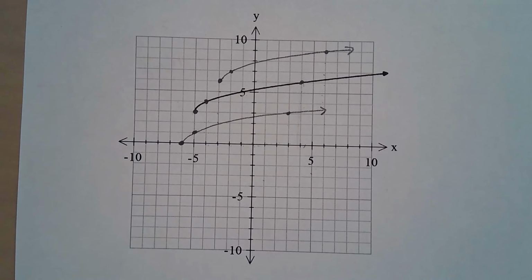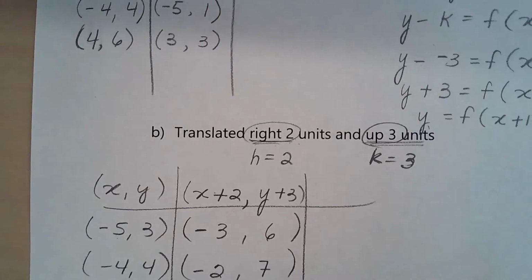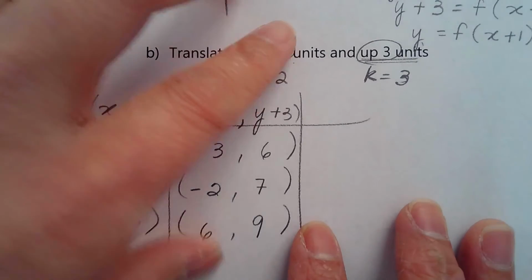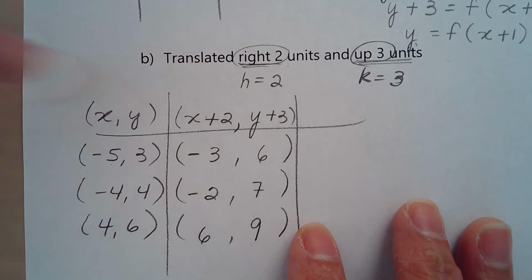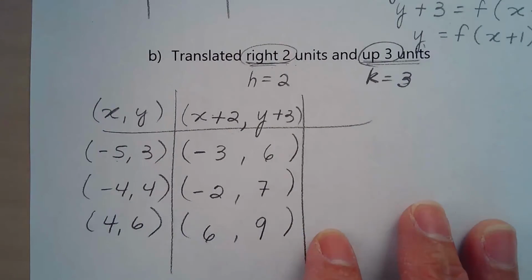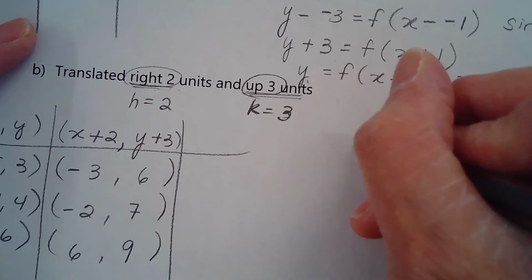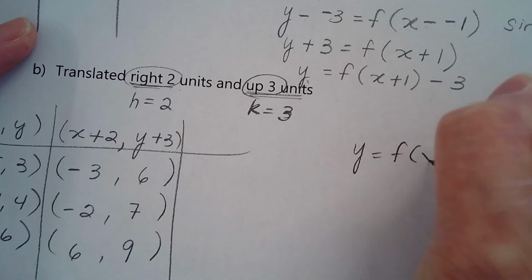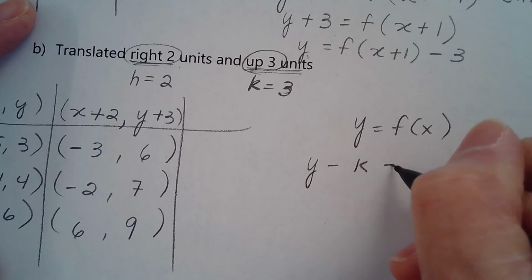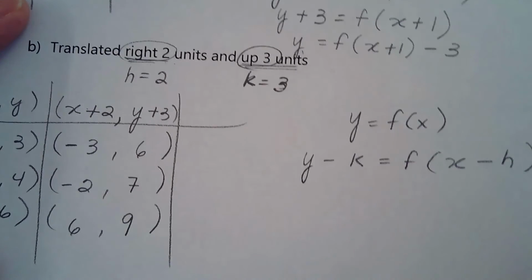So we figured out the h value and the k value of our translation. We created the mapping points. We've sketched the graph. Now we're going to do the function. y equals f of x, so y minus k equals f of x minus h.